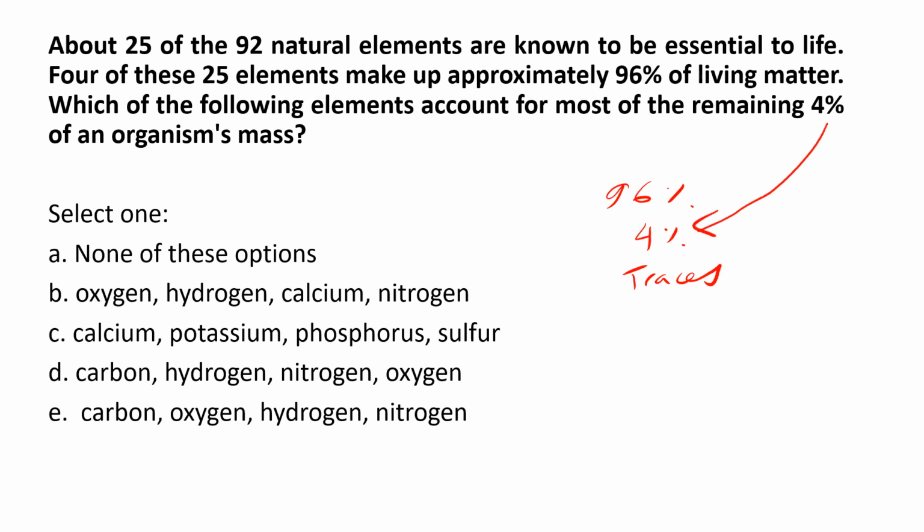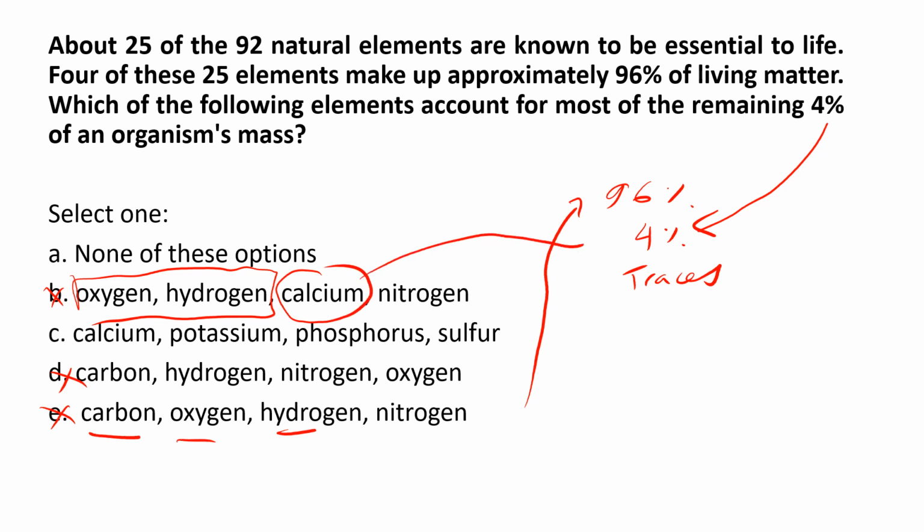So here you just have to remember that carbon is in the 96%, similar to oxygen and hydrogen. So this is wrong. Here the same thing, we have the same problem. Here we have oxygen and hydrogen, so this is already wrong. Calcium is definitely in the 4%, but the other ones are wrong. So the answer here will be C: calcium, potassium, phosphorus, and sulfur.